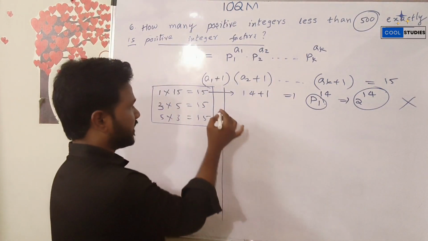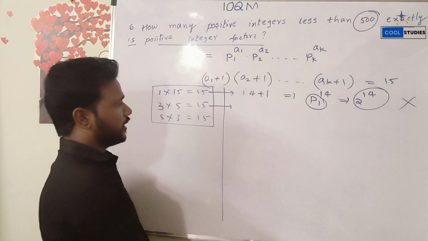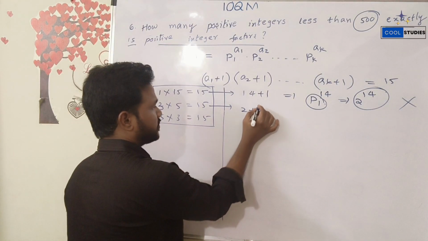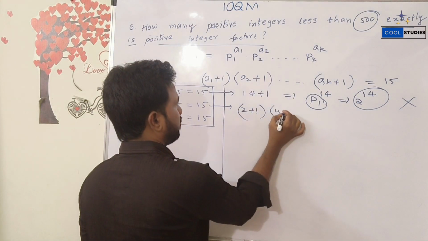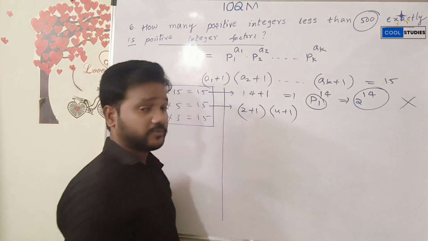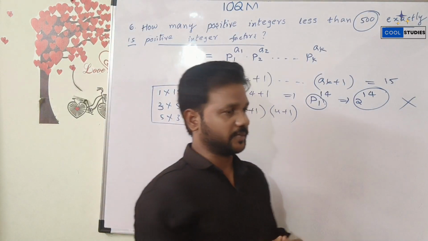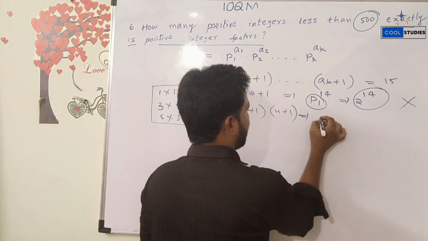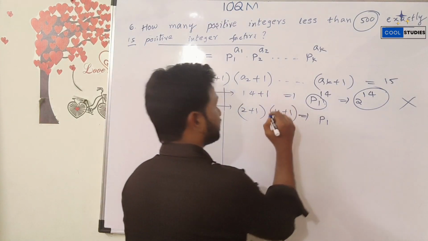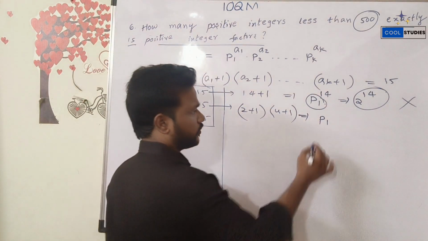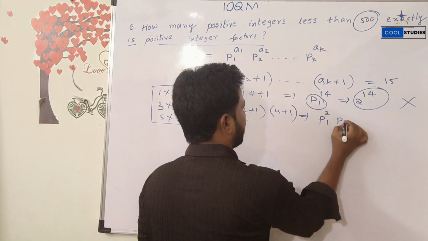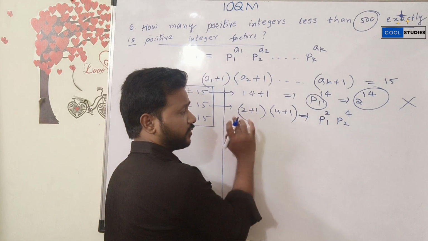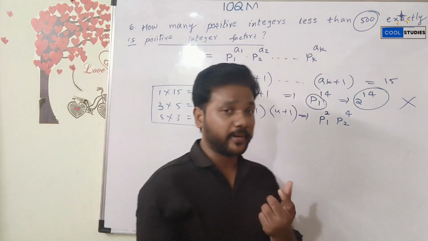Let us come to the second case. 3 into 5 is 15. 3 into 5 means we can write 2 plus 1 into 4 plus 1. So we can write this as p1 power 2 into p2 power 4, where p1 and p2 are prime numbers.